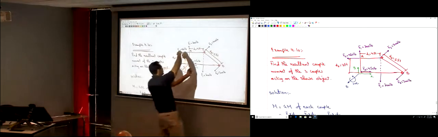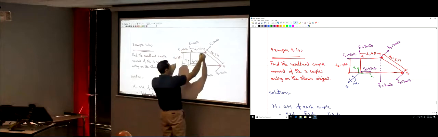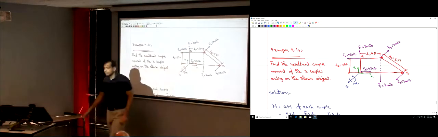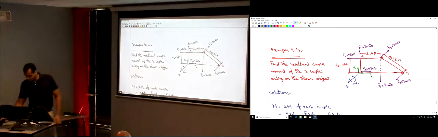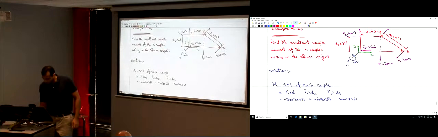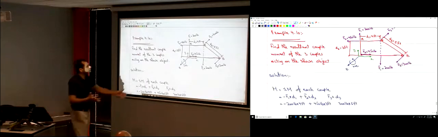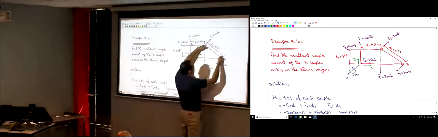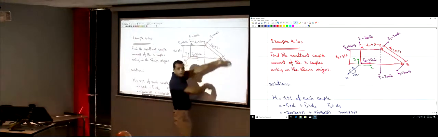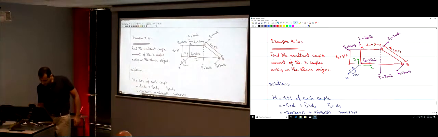We're putting those two forces on the object. Sorry. Counterclockwise. So those are positive. What about F3? Clockwise. Okay? You're rotating it clockwise. So that's negative as well.